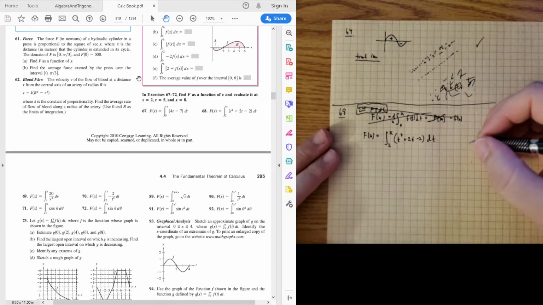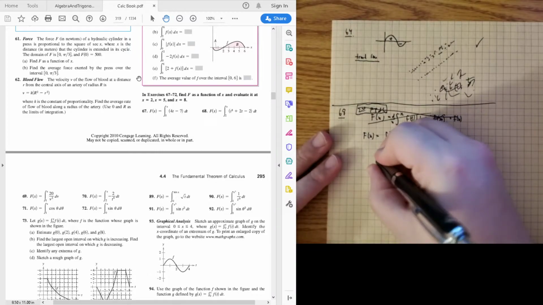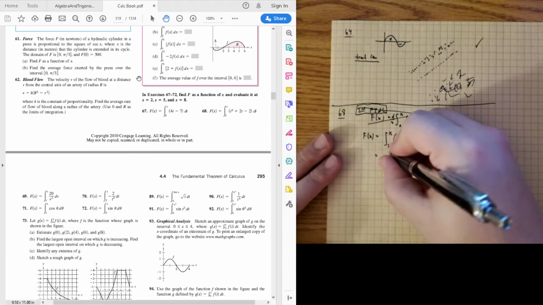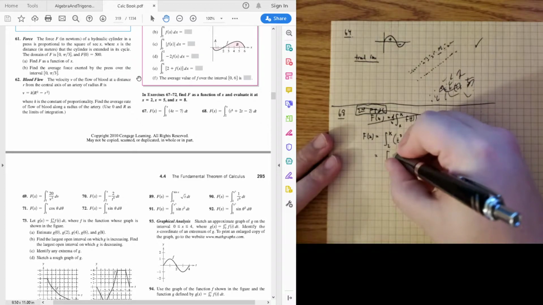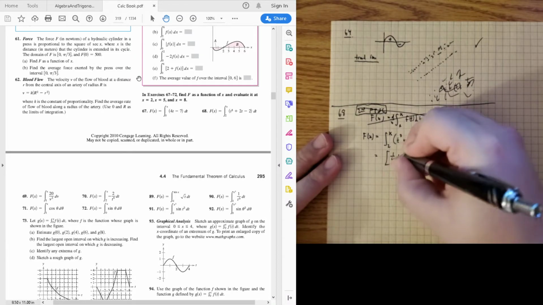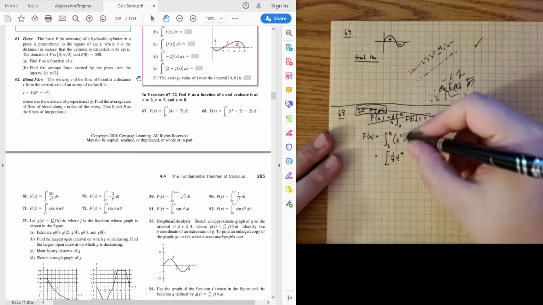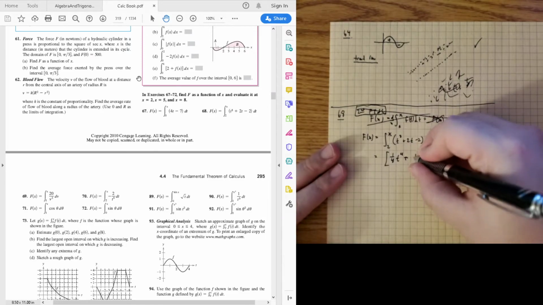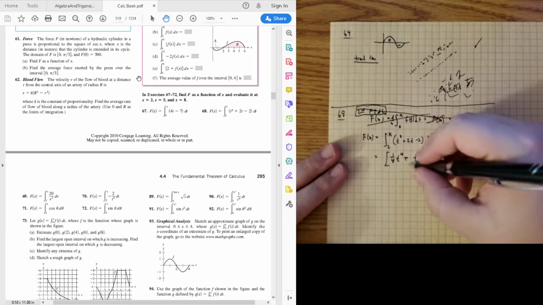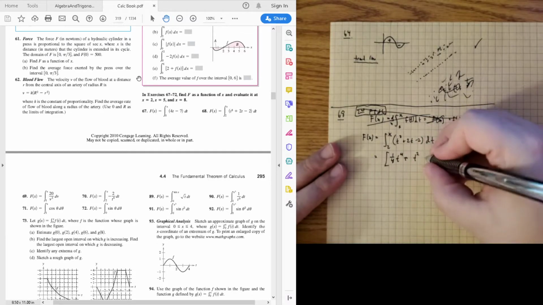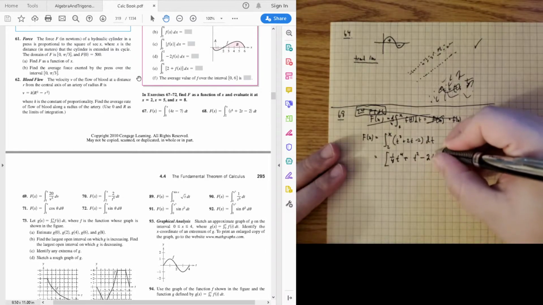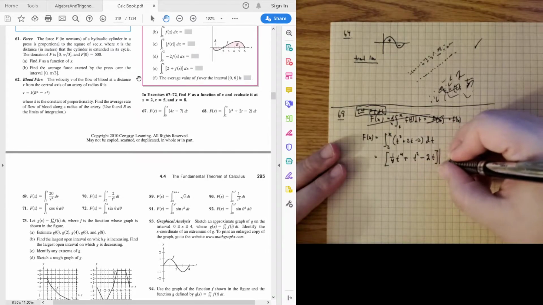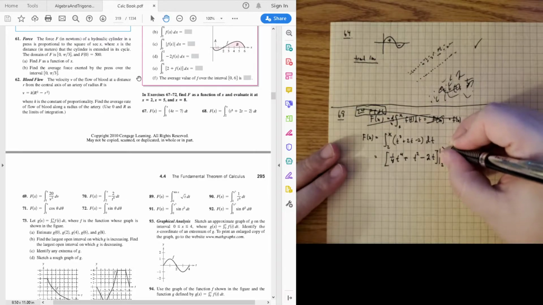First, I'm going to actually solve this integral, which means I'm going to start by integrating the function. t cubed becomes 1/4 t to the 4th. Remember, we add 1 to the power and divide by the new power. 2t becomes t squared, since 2 divided by 2 is 1, so I'm going to just leave that. Minus the constant becomes 2t, evaluated from 2 to x.